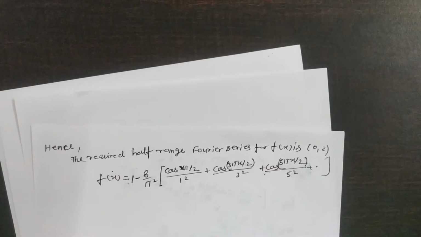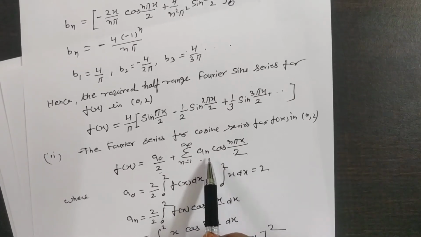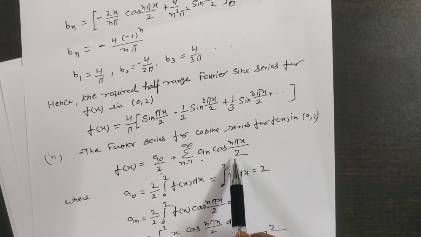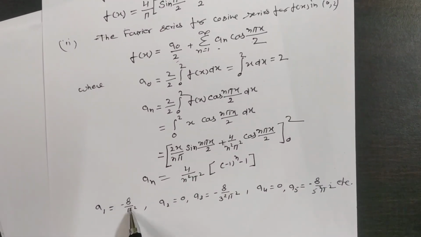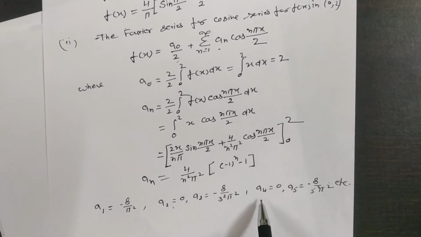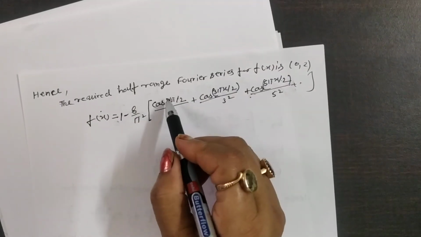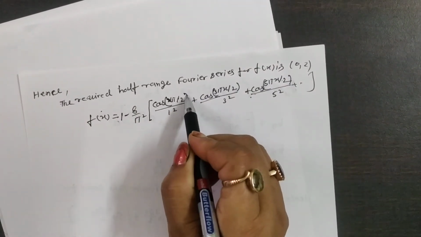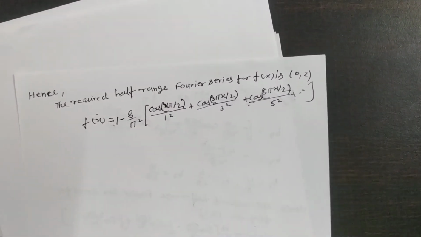Because substituting all the values a0, a1, a2 with cos(n pi x by 2), all the series terms are this one: a2 is 0, a4 is 0, so only these terms remain.